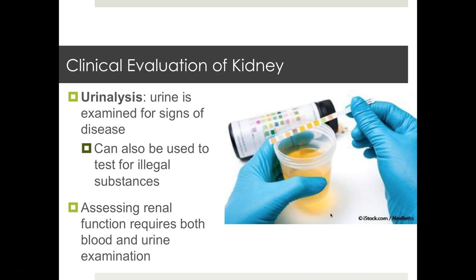Now we'll do some clinical evaluations of the kidney. First, we have urinalysis. A sample of urine is put into a cup, so I'm sure you've done this before in the doctor's office. And they use a little strip to test your urine to check for either use of illegal substances like a drug test, or we can check for other things like, is the specific gravity of our urine correct?